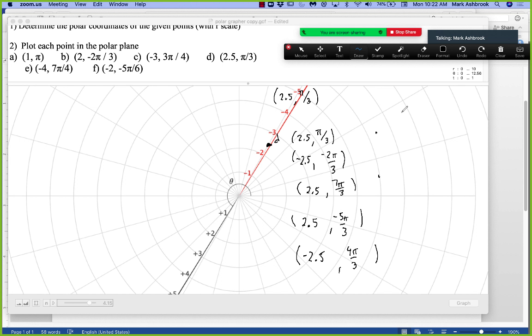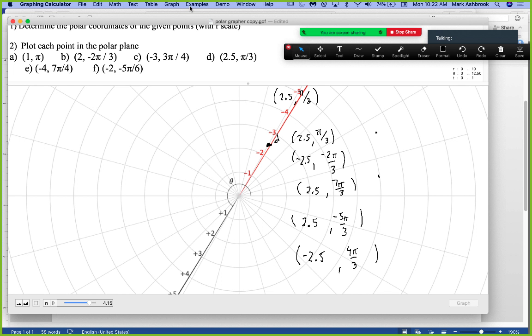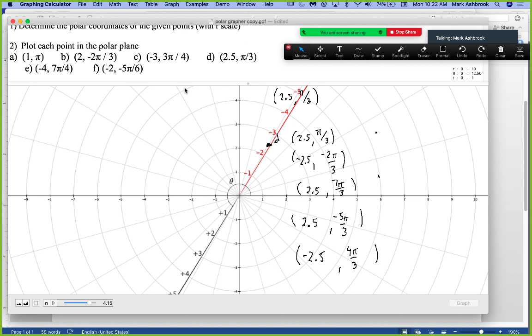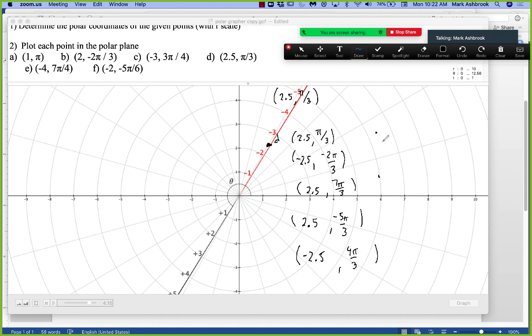Okay, so now let's superimpose the xy plane onto the polar plane here. So I'm going to turn on the axes. Now we're going to look at both planes, the rectangular coordinates and the polar plane together, and ask, what are the x and y coordinates of that point?